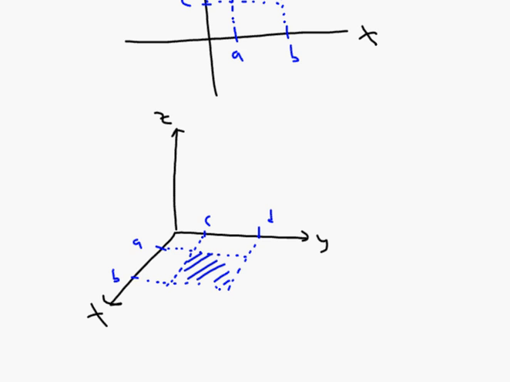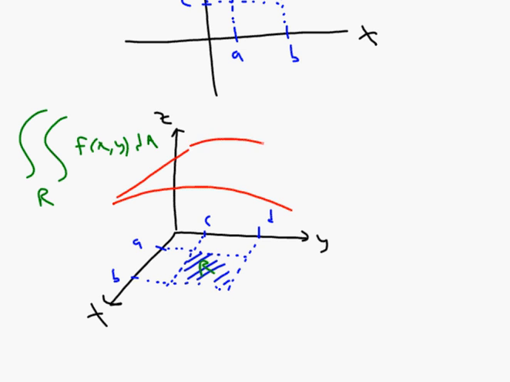When we write something like this, double integral f of x comma y dA over the region defined by this rectangular box, we'll call it R. This is going to be the region R. What we're really doing is finding the volume of a solid that's created when you have the surface up here, f of x comma y equal to z.